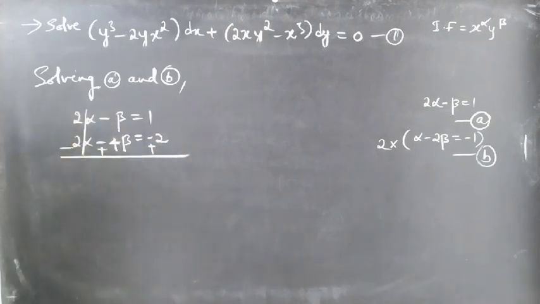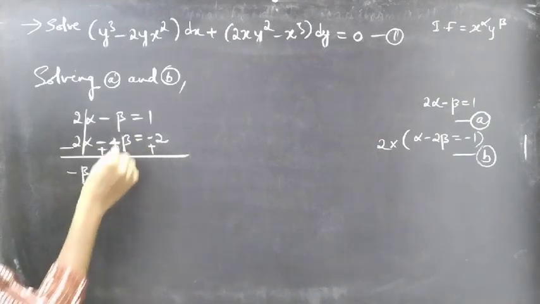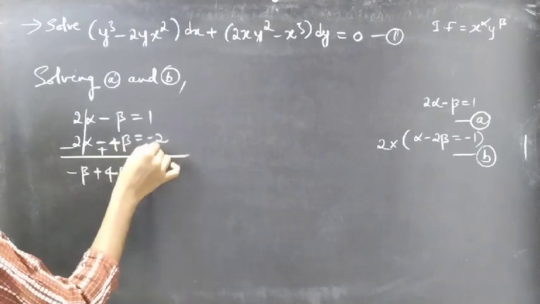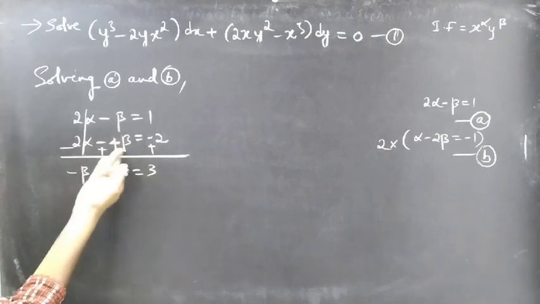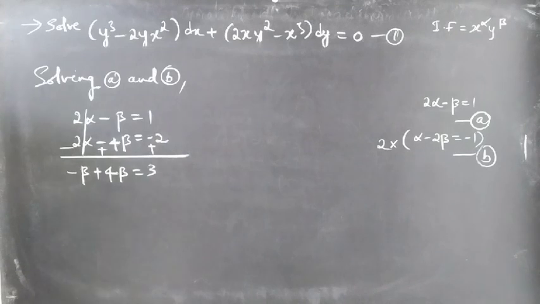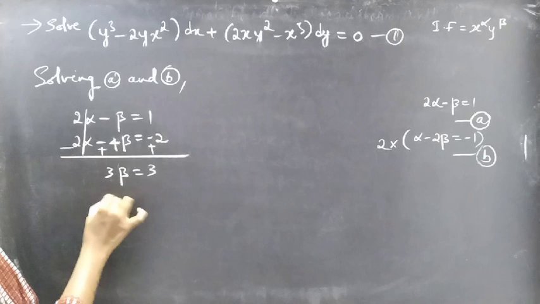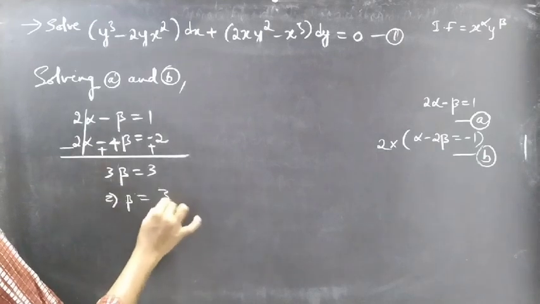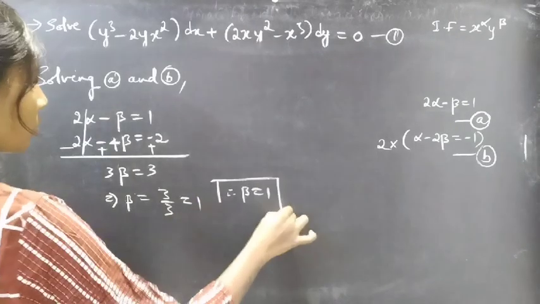Here 2α−2α gets cancelled. −β+4β equal to 1+2, which is 3. So −β+4β is 3β. You'll get 3β equal to 3. From this you'll get β equal to 3/3, which is 1. Therefore, β equal to 1.